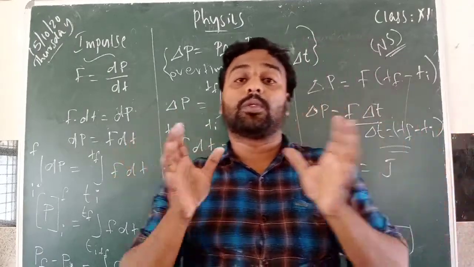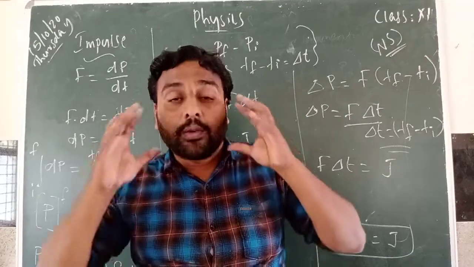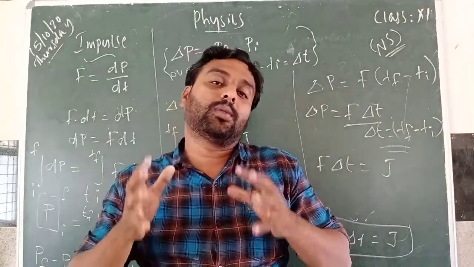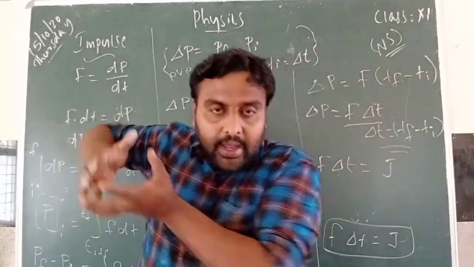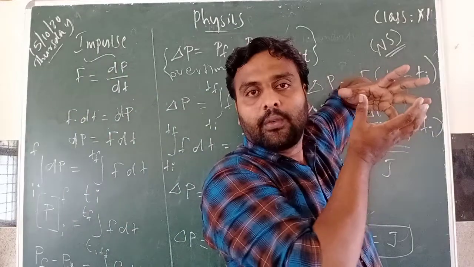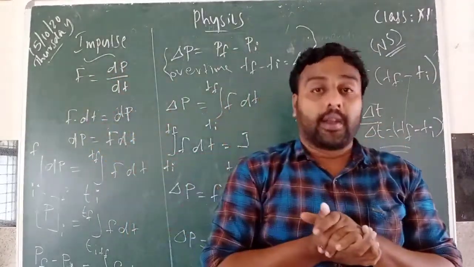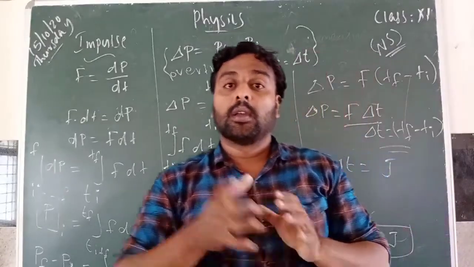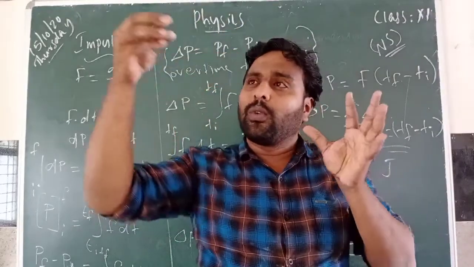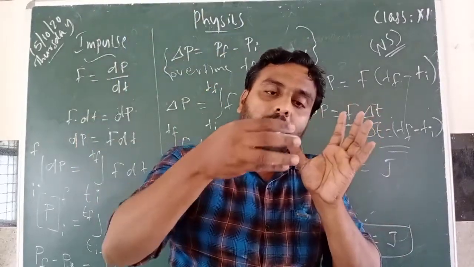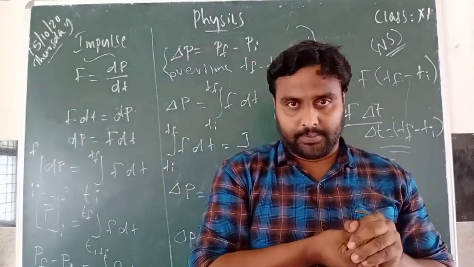So it is not possible to catch the ball in this position. But you have noticed all the cricketers, the fielders or the wicket keepers, they move the hand backward like this. When they catch the ball, they have to move their hand backward, because the ball is coming very fast, and within a short time we are trying to stop the ball at rest.